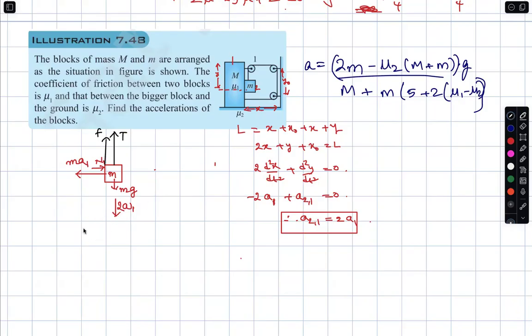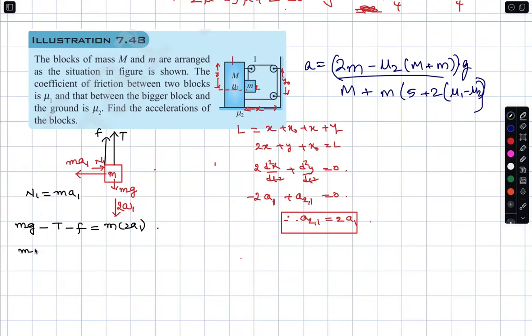Right. Done. Clearly, I can write N1 as ma1 and mg minus T minus f is m times 2a1. Right. So friction is mu N1.